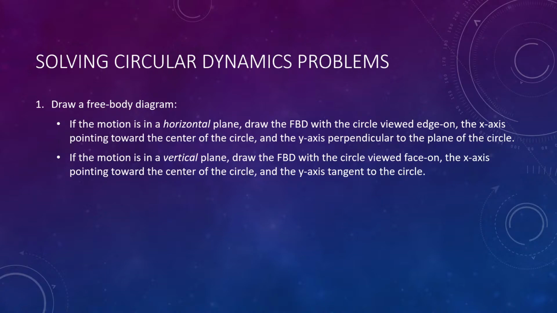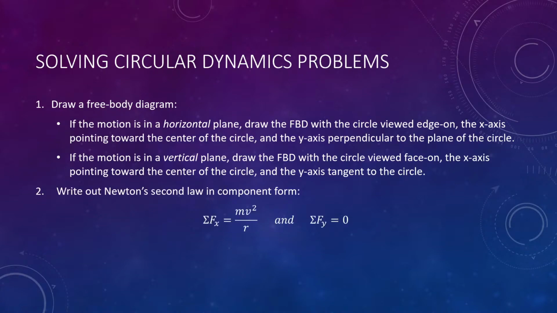Once you've drawn your free body diagram, you write out Newton's laws. In this case, you will write out your sum of forces in the x and the sum of forces in the y directions. But here's the good news. Because of the way that we drew our free body diagrams, assuming we did it correctly, our x equation for every circular dynamics problem will equal mv squared over r.